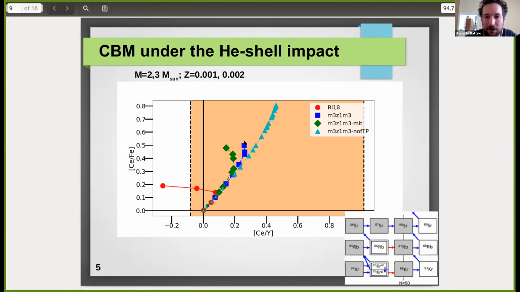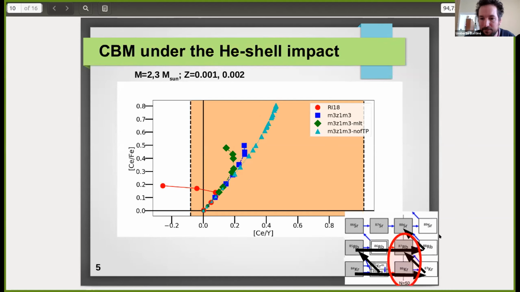And you see how this model is the one that is able to reproduce the highest portion of the cerium over yttrium covered by observation, which is the colored area here. The green is only a test I did with a different MLT prescription to get an idea of its impact, but the largest impact is given by the different convective boundary mixing prescription you adopt under the thermal pulse, the helium flash.